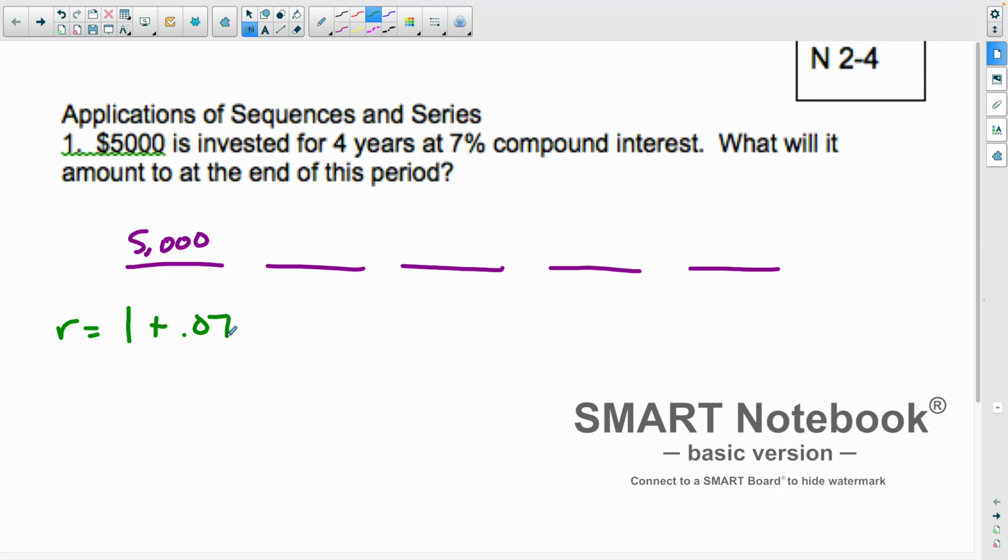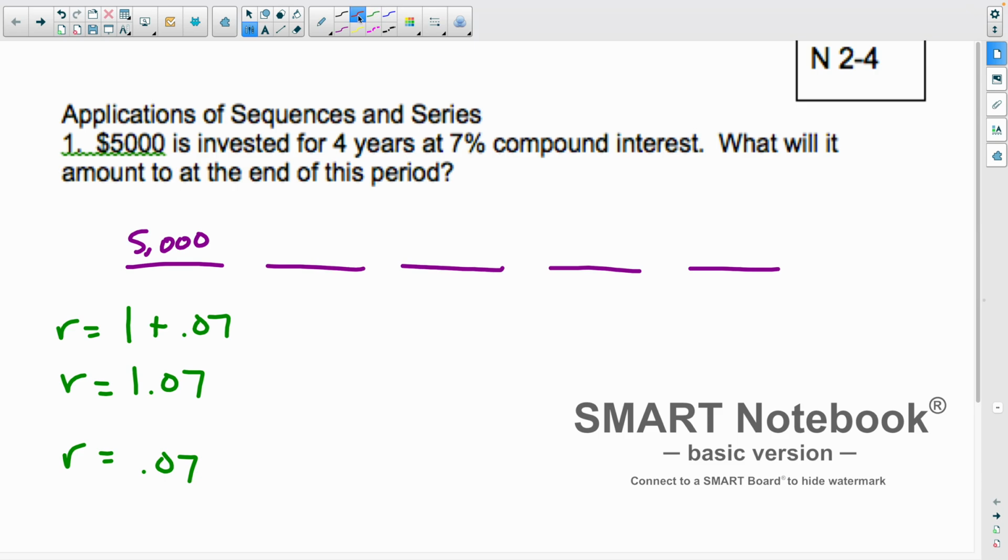So that is my R value. If you'd like, you can say R equals 1.07, that's perfectly fine as well. That's my common ratio. If you were to multiply by 0.07, your money's going to get really little really fast and you're going to be very disappointed in what you have in the bank. So 1 plus 0.07.